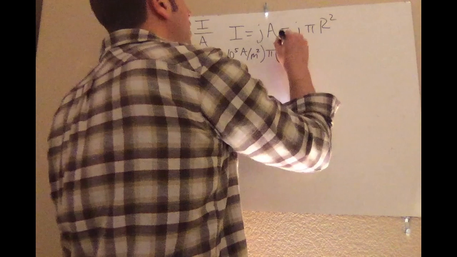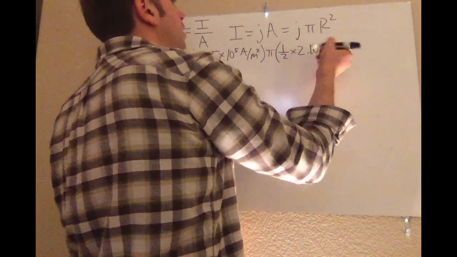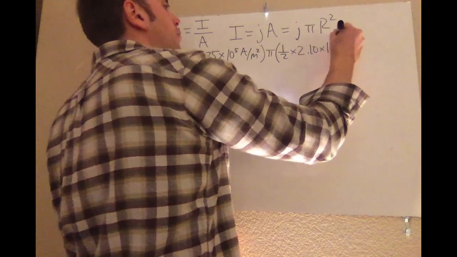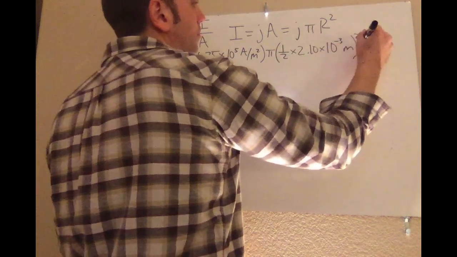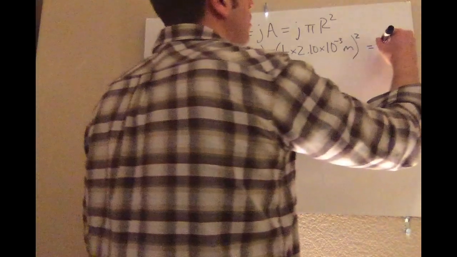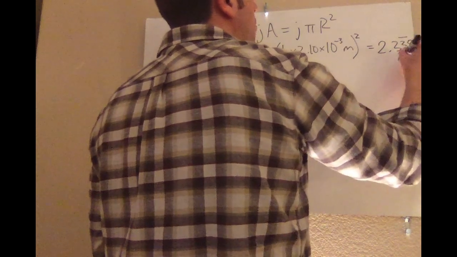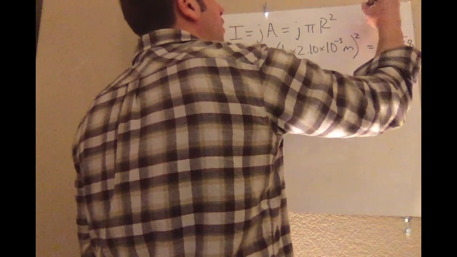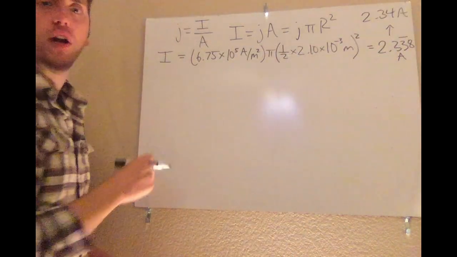So the radius is half the diameter. 2.1 millimeters is 10 to the minus 3 meters. And we'll square that. This gives us the current. This works out to about 2.338. Units are amps. We'll round that off to a nice 2.34 amps. So that's how much current in the wire we have.